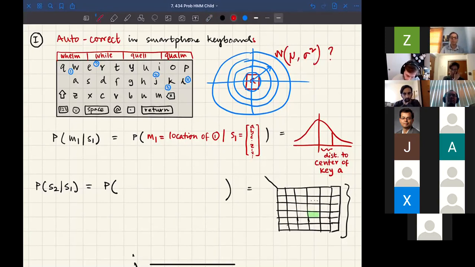You hire a bunch of people and you ask them, type these words. And they type. So you know what they're typing. And you see when they are going to type that A, where their fingers fall. So in your empirical data, when you have this A, you get lots of people to type, maybe on Amazon Mechanical Turk, the same known words, and you see that their taps fall like that.